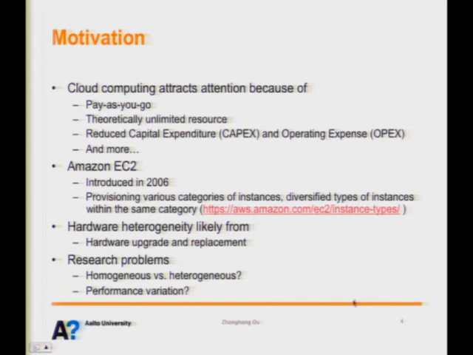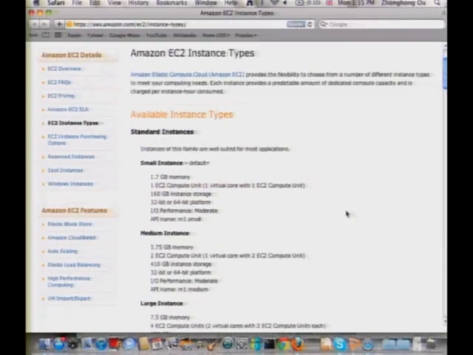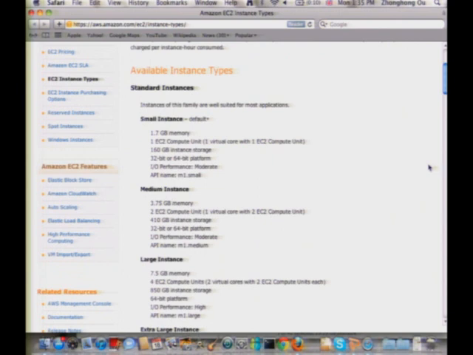Here, Amazon EC2 provides very diversified instances for its services. They have around seven different families of instances covering standard, high CPU, high memory, micro, cluster, and so on.